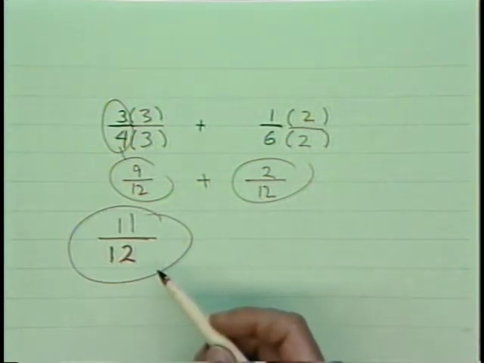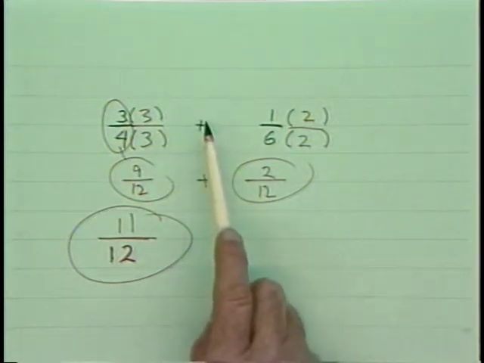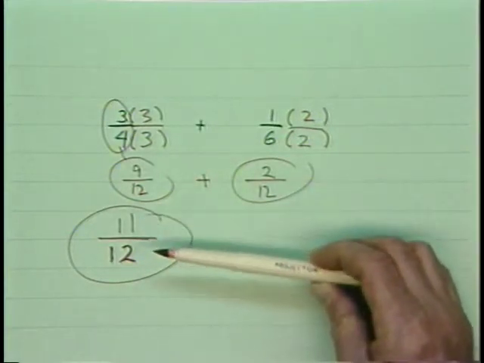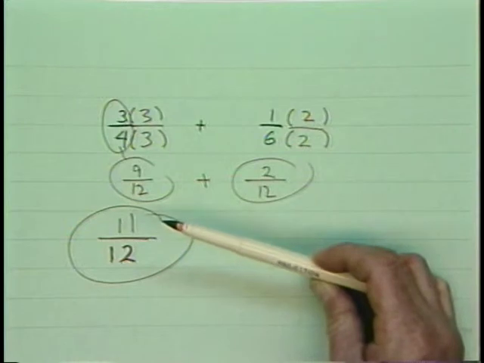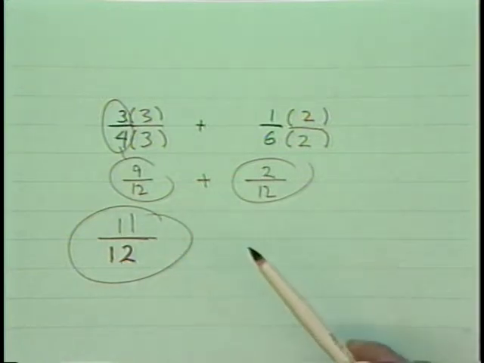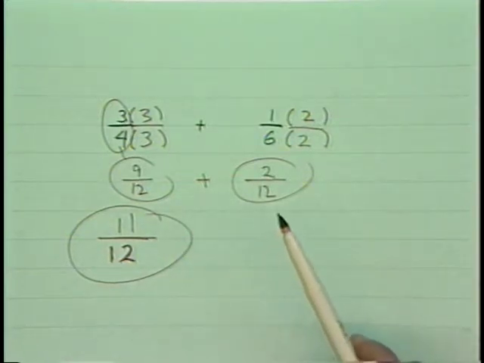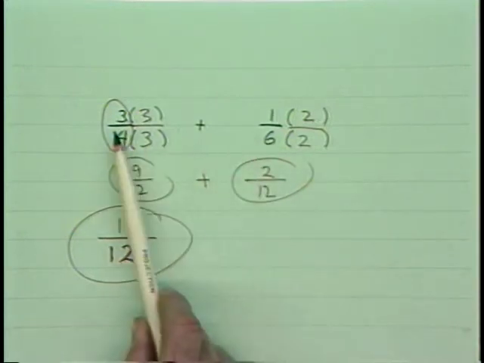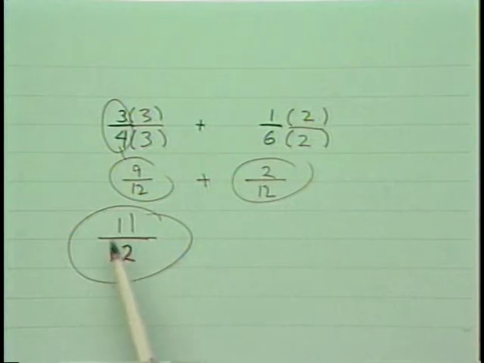Very frequently when you add fractions, it will be in reduced form, but we must always check that it is. And very, very frequently in simple everyday fractions, the denominators will be simple enough you can simply look at them and see what that lowest common denominator is.